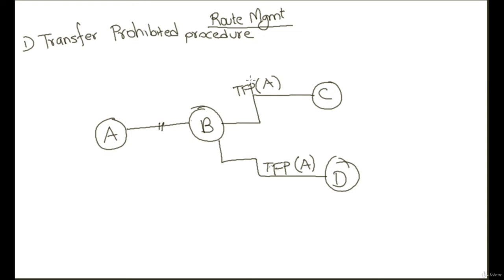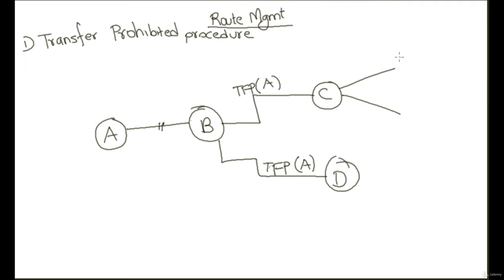And when this transfer prohibited message comes to C, it can perform the changeover procedure that we saw in the link management, in the traffic management section, or it can also do this cascading effect.